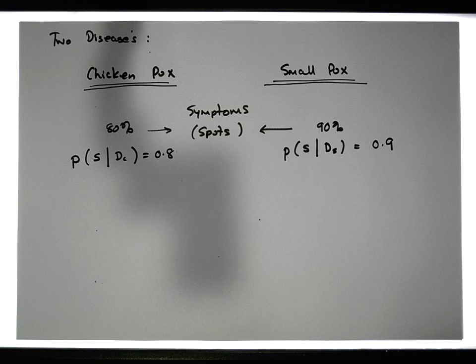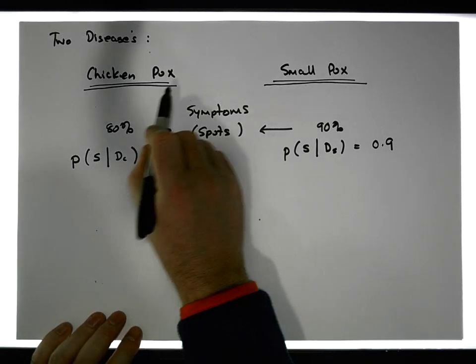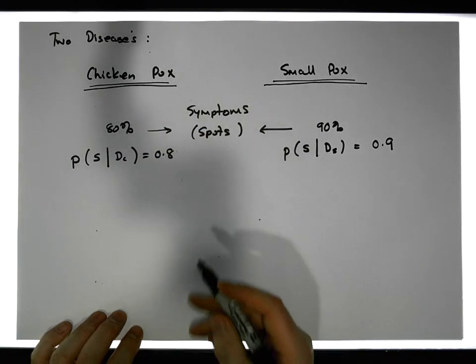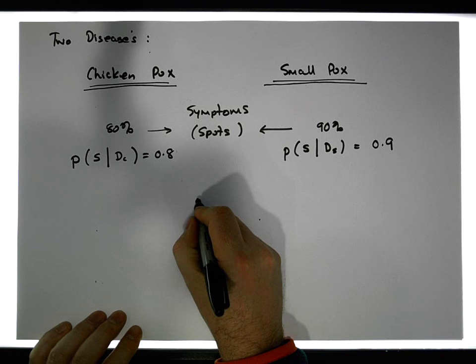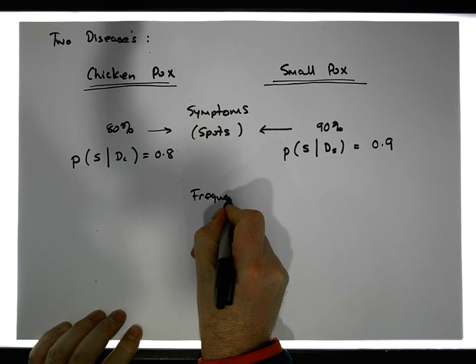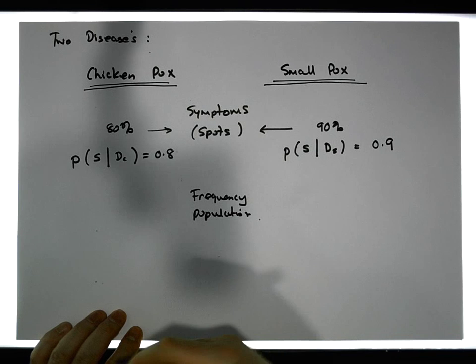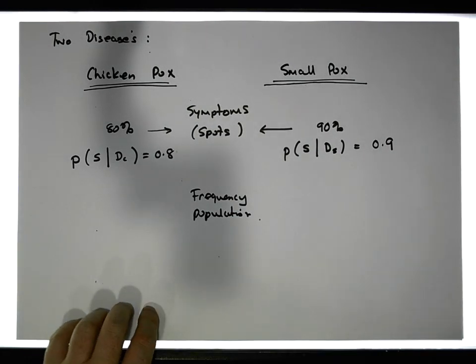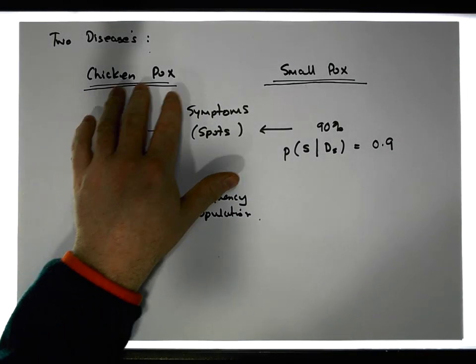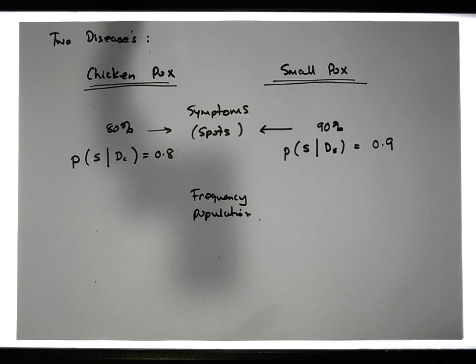But we also know the natural frequency of chickenpox within the population, based on past evidence and data that's been captured, is usually around 10%.